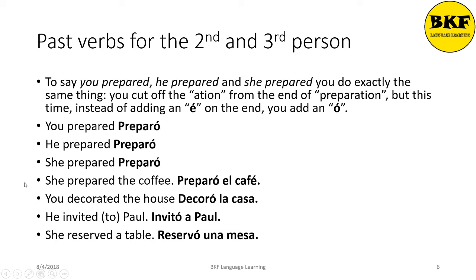Now if I want to say she prepared the coffee, I'm going to say preparó el café. If I want to say you decorated the house, I'm going to say decoró la casa. If I want to say I invited Paul, I'm going to say invitó a Paul. If I want to say she reserved a table, I'm going to say reservó una mesa.